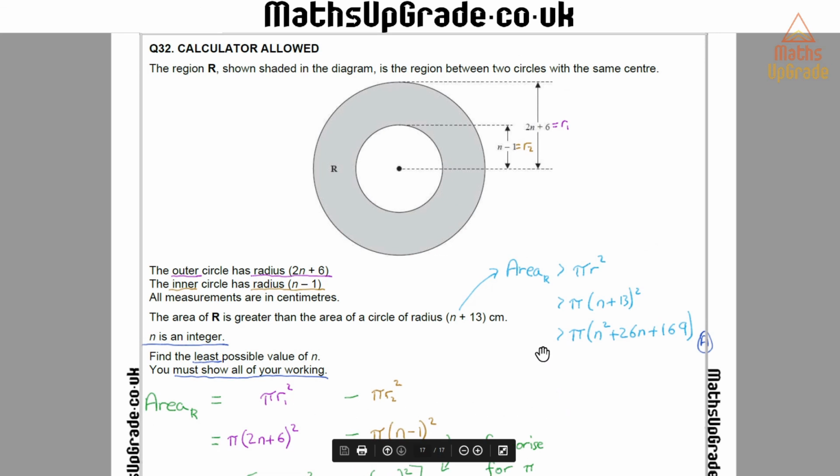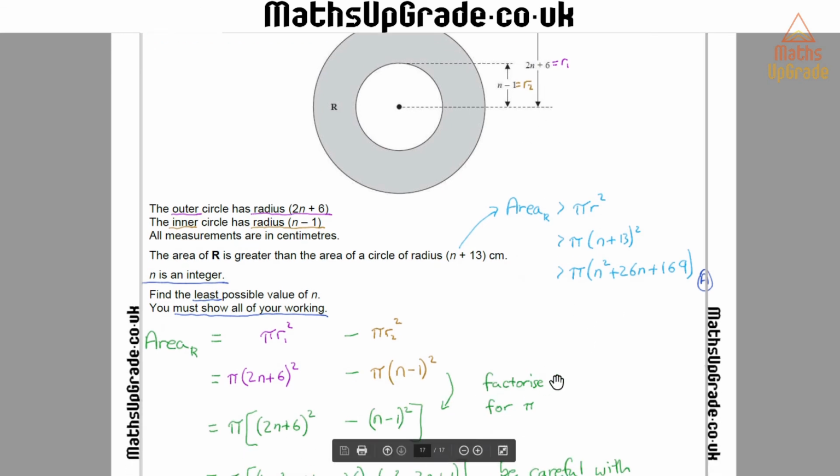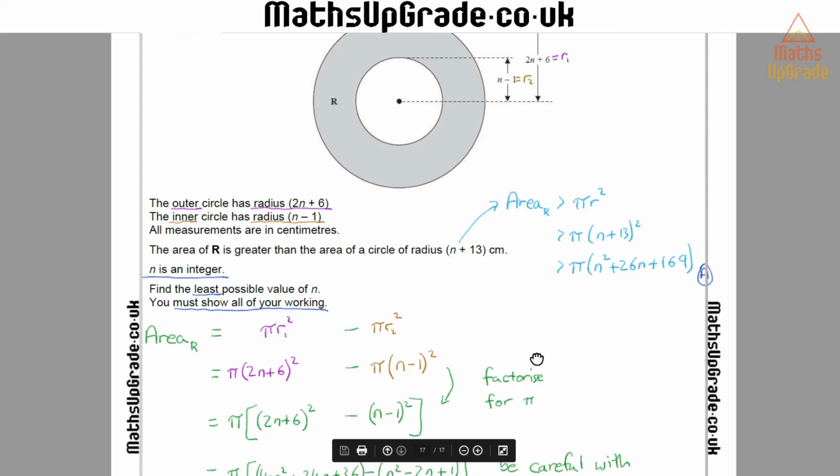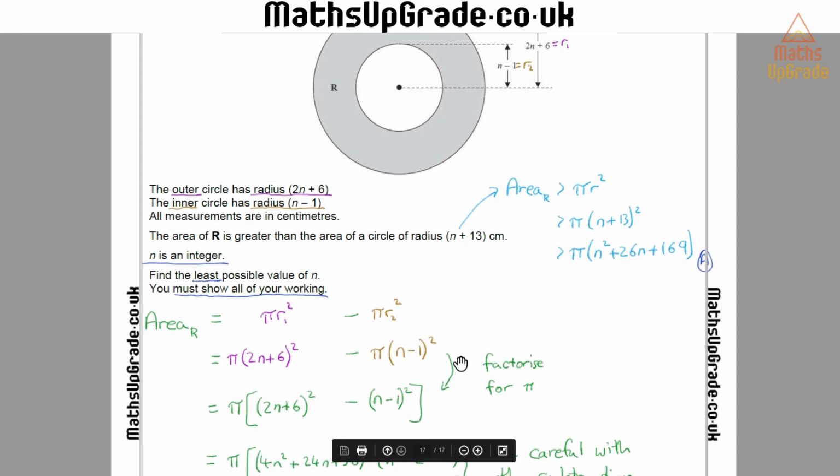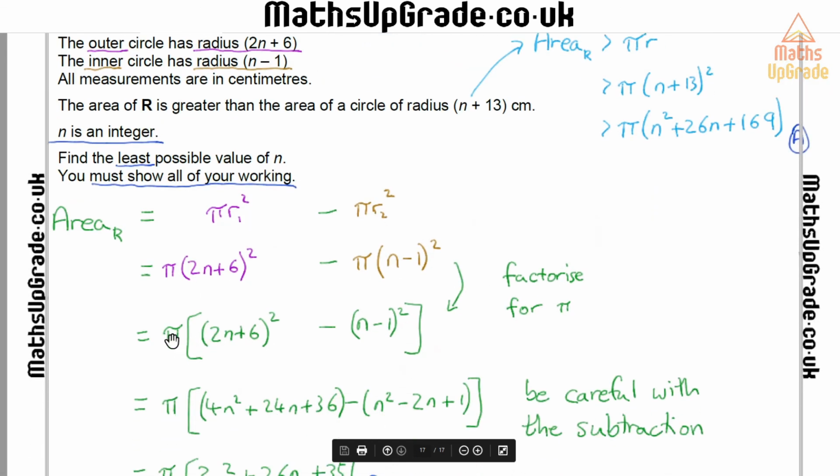If I substitute in those radiuses from this diagram, I end up with that expression there. If I then factorize for pi, I end up with this expression here, so pi is now outside the brackets.